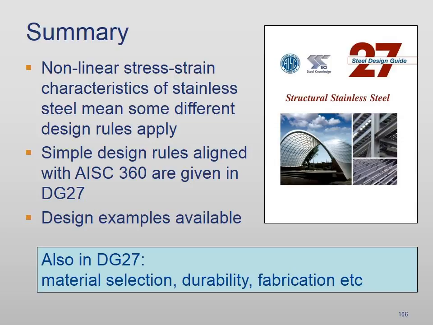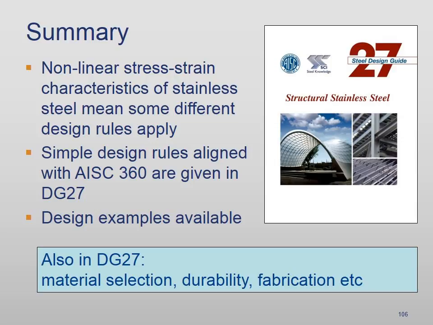So another question on the design guide or other sources. Are there any member selection and capacity tables similar to what we have in the AISC manual available for use in stainless steel design? There aren't published tables in the same way as you have in your manual.